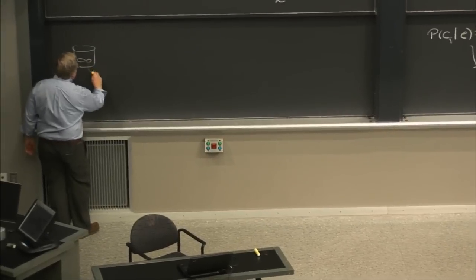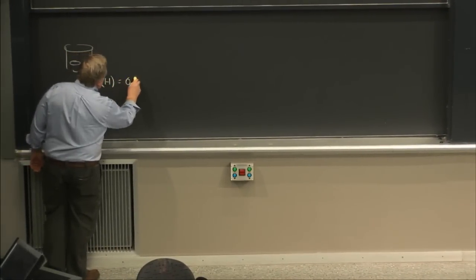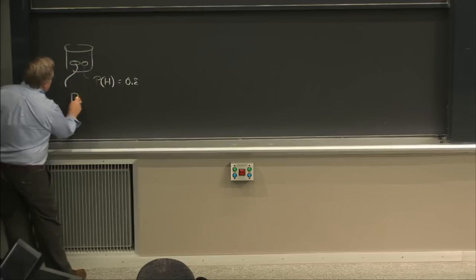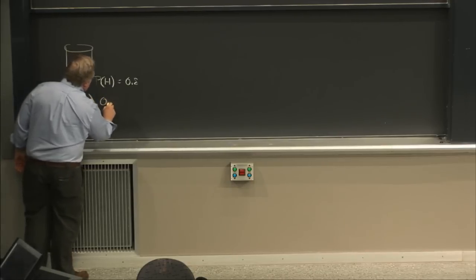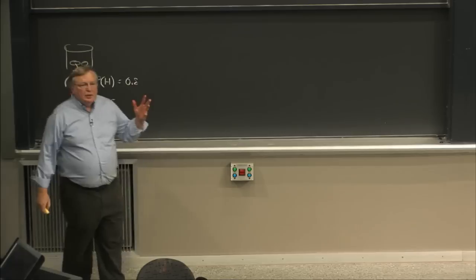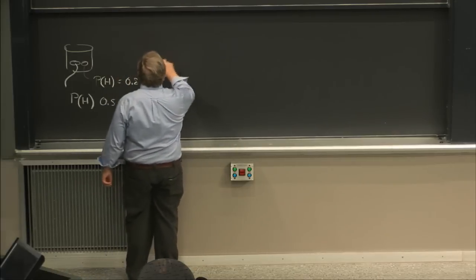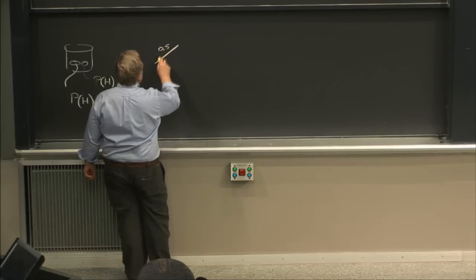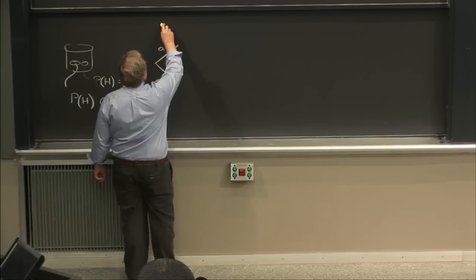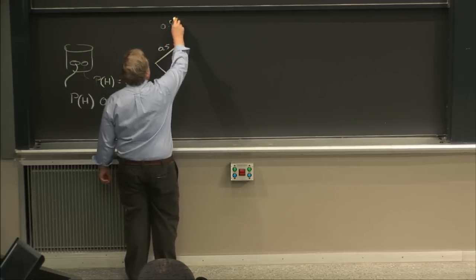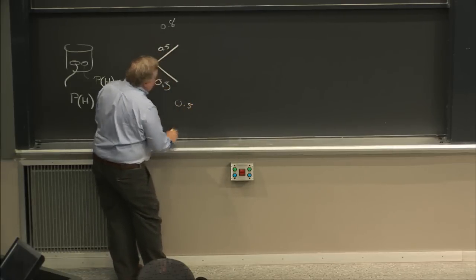One has a probability of head equal to 0.8, and this one has a probability of a head of 0.5. So here's the draw. I pick one. Each has a probability of 0.5. This one is the one with 0.8 as the probability of head, and this one has a probability of 0.5 as a head.